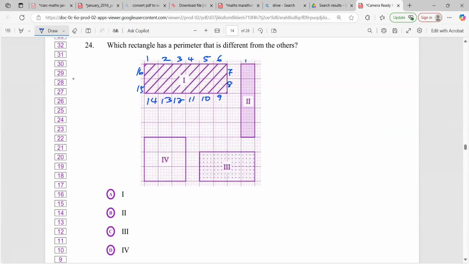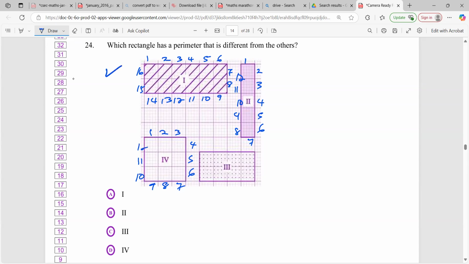Find the perimeter for this one. 1, 2, 3, 4, 5, 6, 7, 8, 9, 10, 11, 12. So one of them is out, right? But let us see. 1, 2, 3, 4, 5, 6, 7, 8, 9, 10, 11, 12.